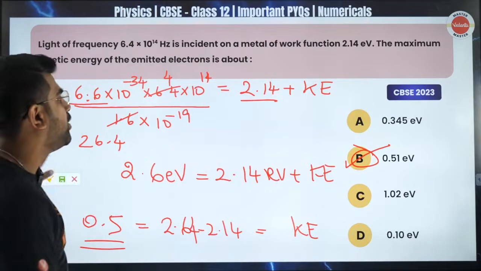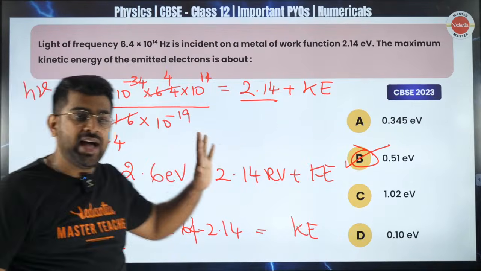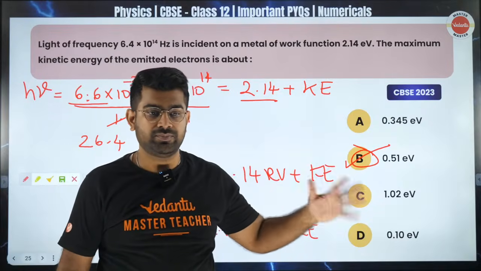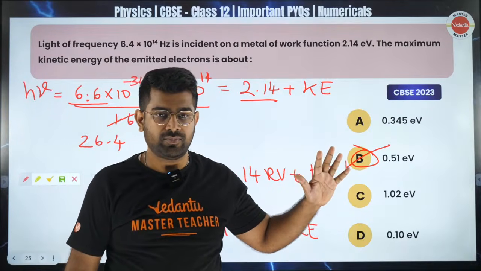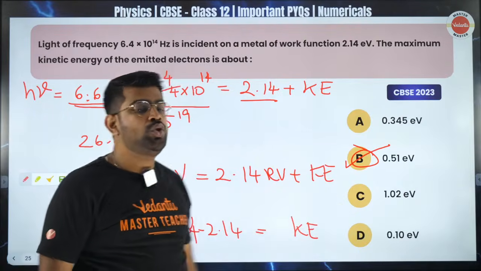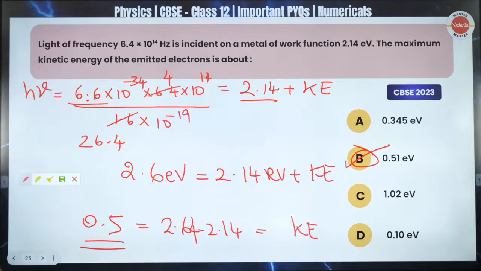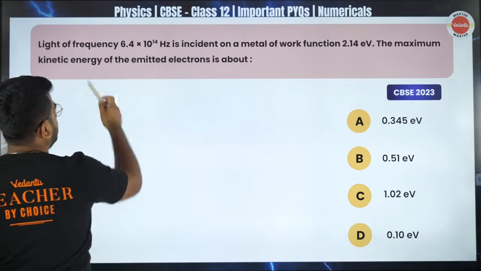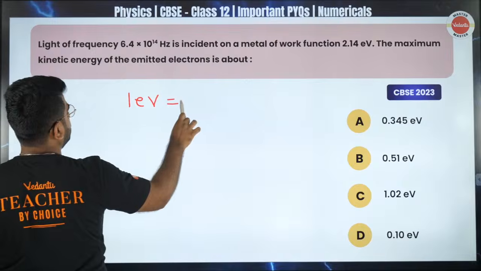But the concept is clear, right? Happy? Shall we go ahead? Are you all happy? Joule to electron volt, divide by 1.6.